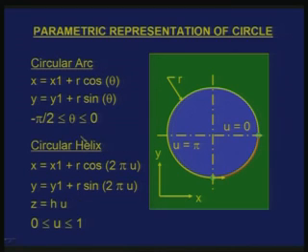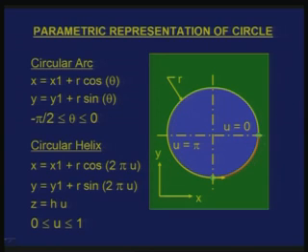I can extend the definition of a circle for a circular arc also. Now, the only difference between a circle and a circular arc having the same radius, same starting point and other aspects is that the range changes. When the range is between 0 to 2 pi, you call it a circle. When I have a smaller range, for example, I may have a range from minus pi by 2 to 0, which is shown here in a different color.